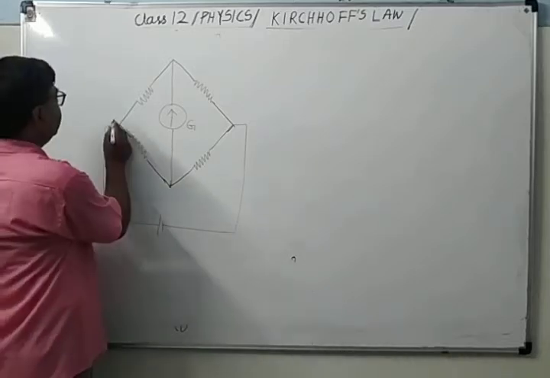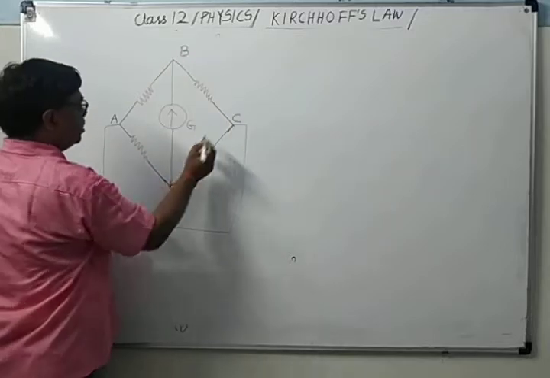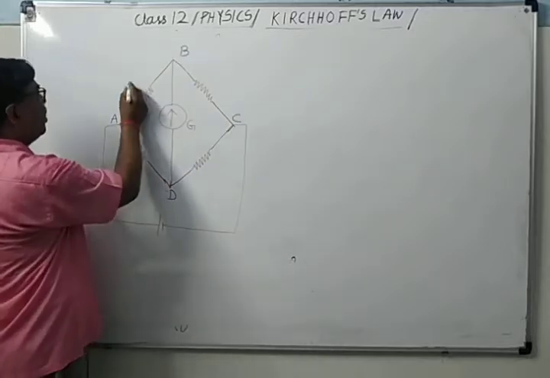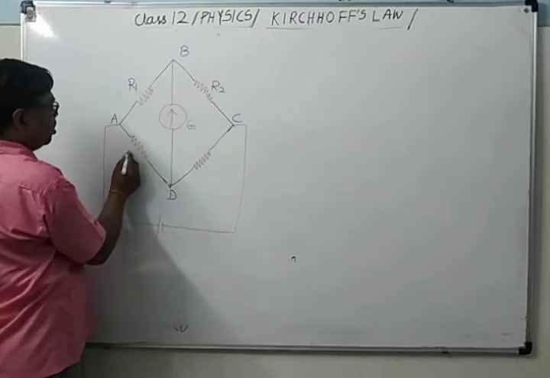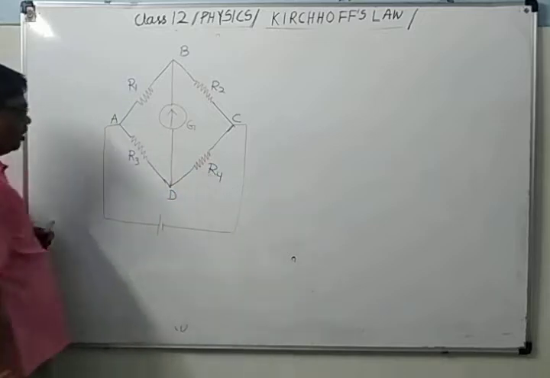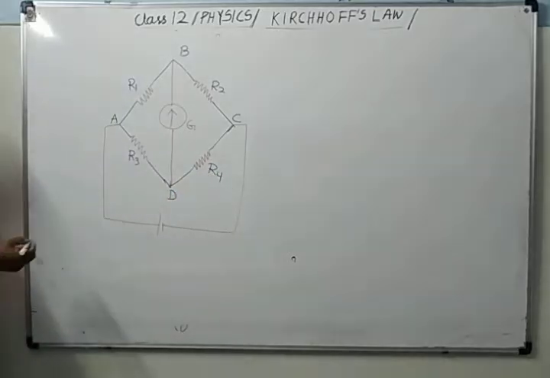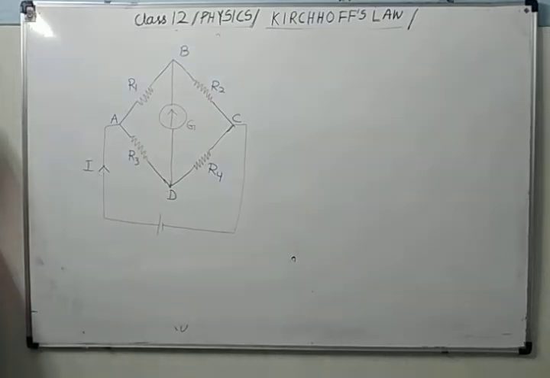Now see here, A, B, C, D. We have taken R1, R2, R3, R4. It's clear? Now suppose the battery sends current I through the bridge.